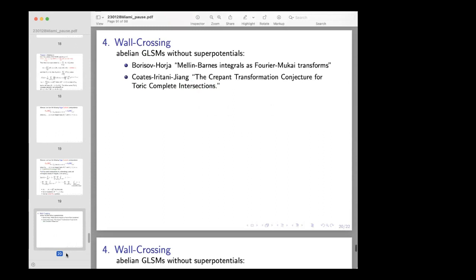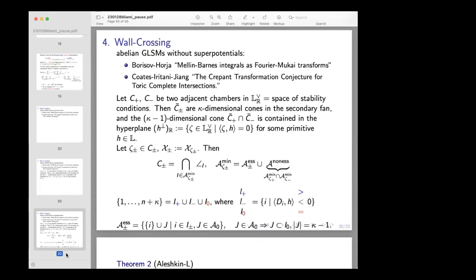Finally, the wall crossing. I should mention that this has already been done for the abelian gauge linear sigma model without superpotential. In the toric Calabi-Yau non-equivariant case it is by Borisov and Horja, and Coates, Iritani, and Jiang do the Kreppen transformation for toric Deligne-Mumford stacks and toric complete intersections.